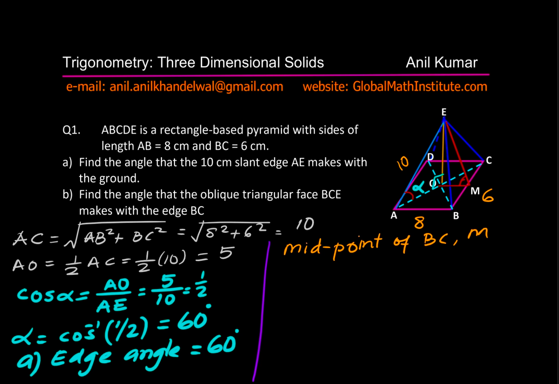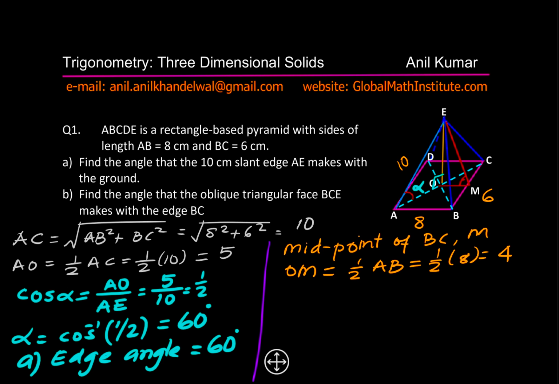Center is O. So we know OM is equal to, now OM is half of AB. AB is 8. So it is half of 8, which is 4. So we know one side, which is 4, but we don't know the height yet. To find the height, we can use the information AO is known to us, which we calculated earlier.